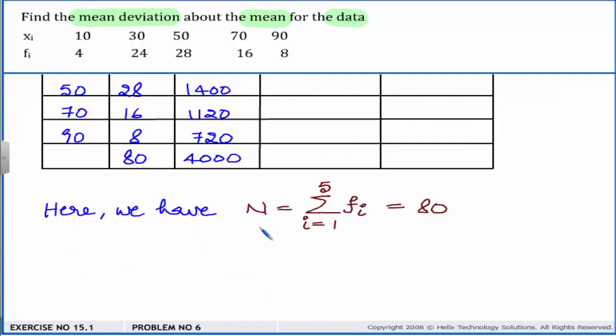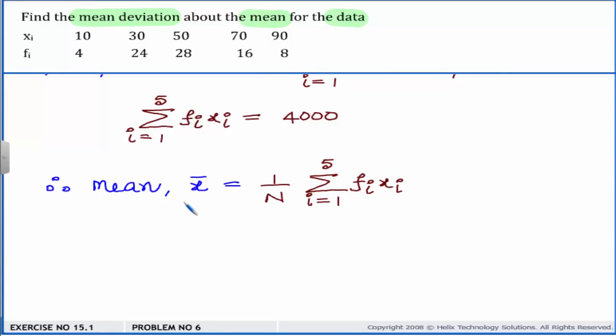Here we have capital N is equal to the summation of fi, where i is equal to 1 to 5, is equal to 80, as you can see here. Similarly, the summation of fi into xi, where i is equal to 1 to 5, is equal to 4000, as you can see here in this column.